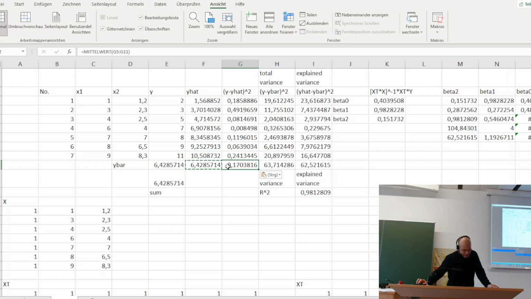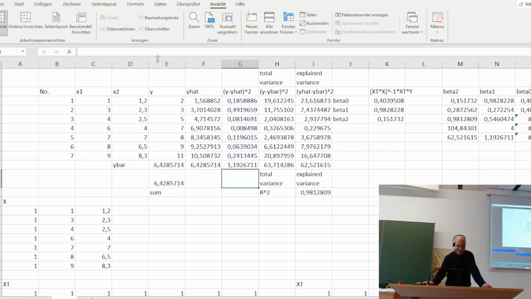Oh, I copied the wrong formula. This is a nice mistake I made, because I took the formula with the average, but I want the sum. So hopefully if I multiply this now with 7, I obtain these 1.2.